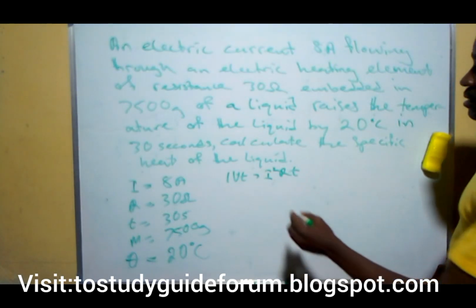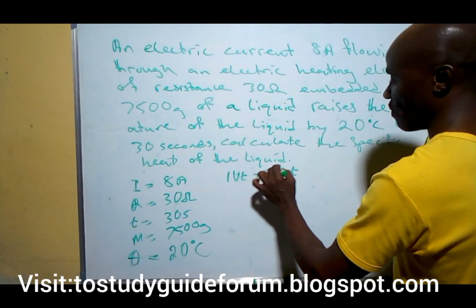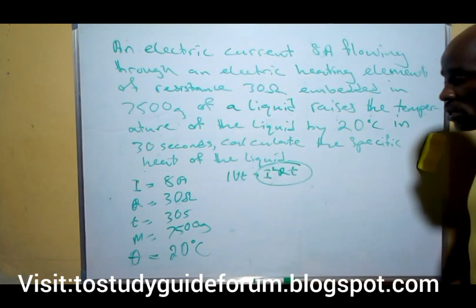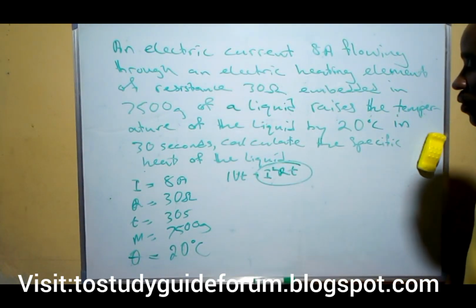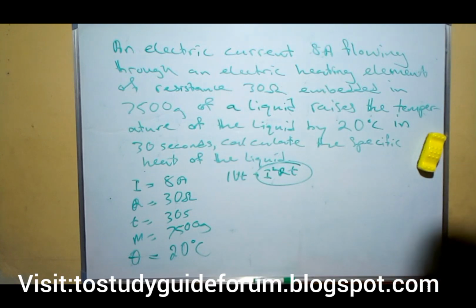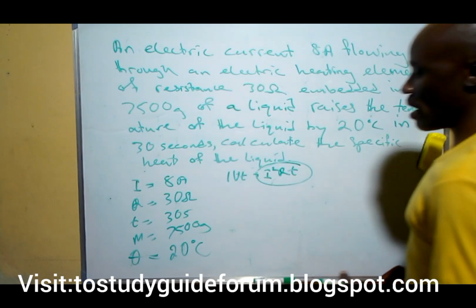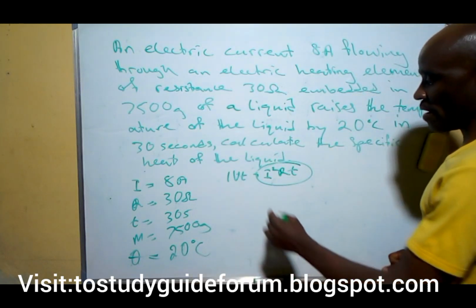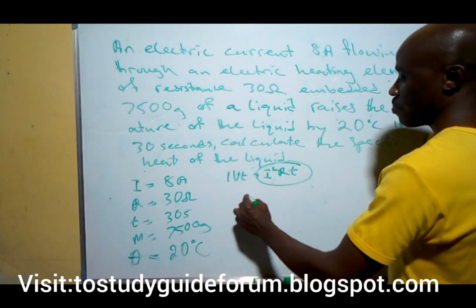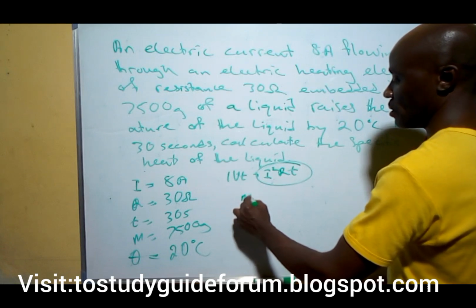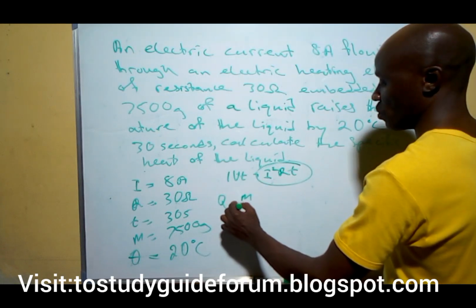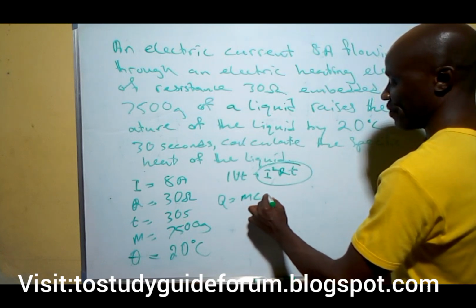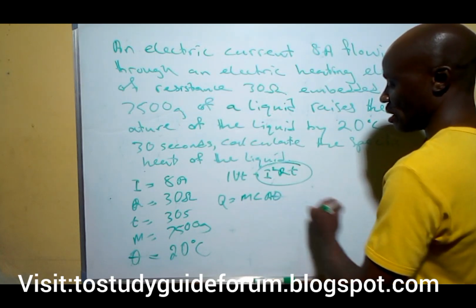So since we have all this information, we can go ahead and calculate the quantity of electrical energy supplied by the heating element. You know that quantity of heat can also be equal to mass, specific heat capacity, and change in temperature.